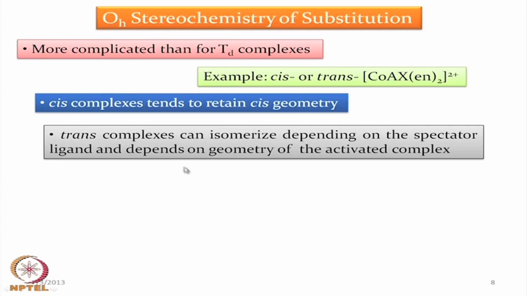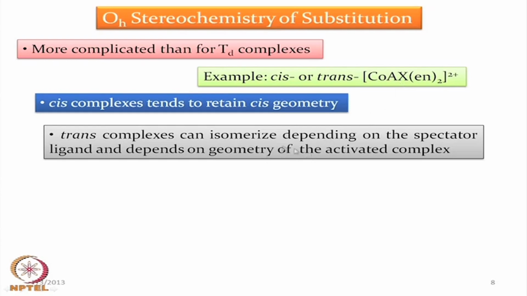So, if we react both the cis and the trans compounds with the hydroxide groups, the OH groups, then we will find that the OH group can react differently with the corresponding cobalt complex.